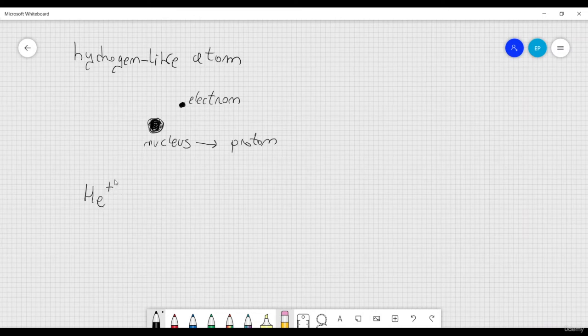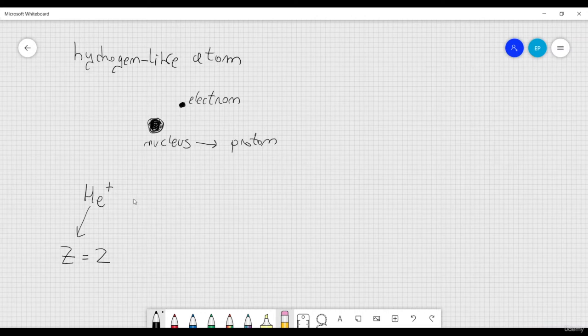So this is helium with a positive charge of 1, which means that we could get it if the number of protons contained in the nucleus would be equal to 2. So 2 protons in the nucleus and 1 electron in the outer shell, so we would have a positive charge of 1 here. So this is also characterized by the Z number. If you recall, if you know something about this number, this is the atomic number. If you want, it's also coincident with the number of protons contained in the nucleus. So in this case, it would be Z equal to 2.